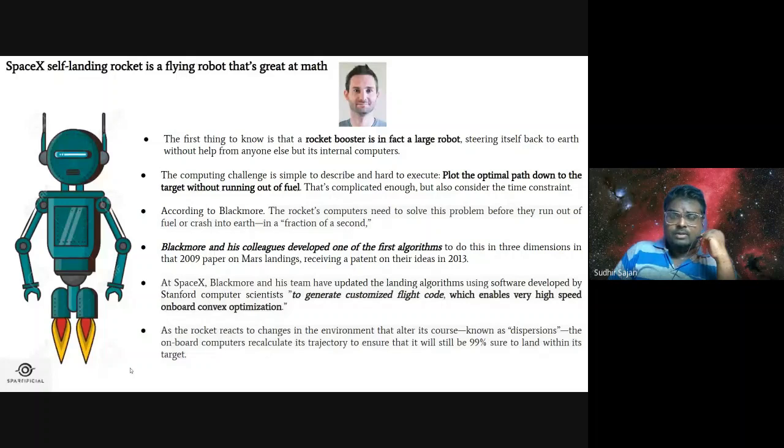Okay, about the SpaceX Falcon 9 autonomous landing: as soon as it discharges the payload to orbit, it comes back and lands on the surface. So how exactly did he achieve it?